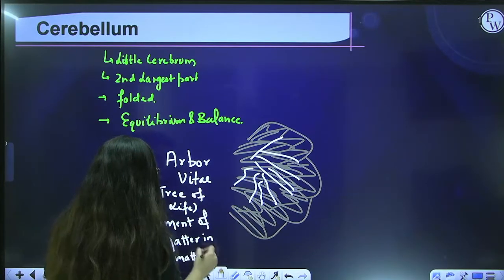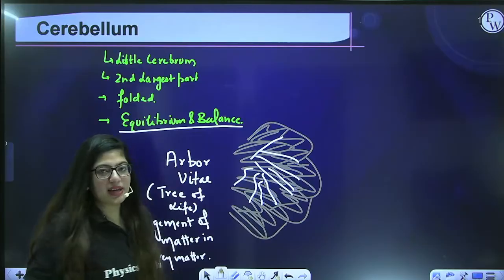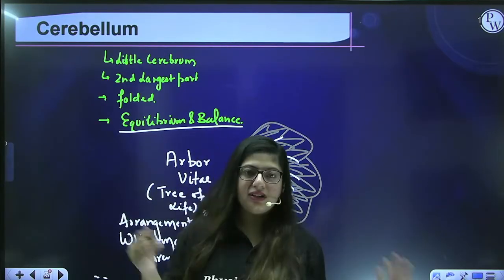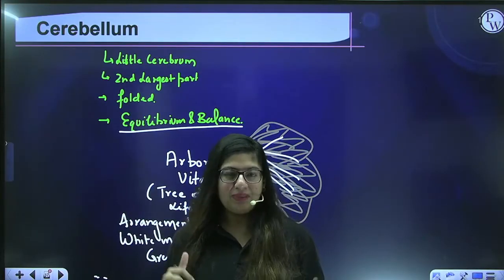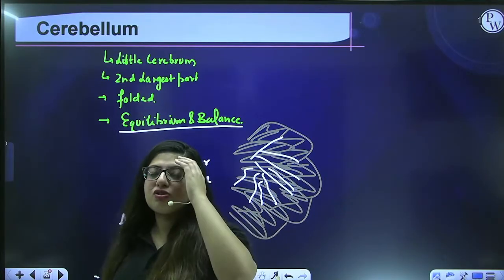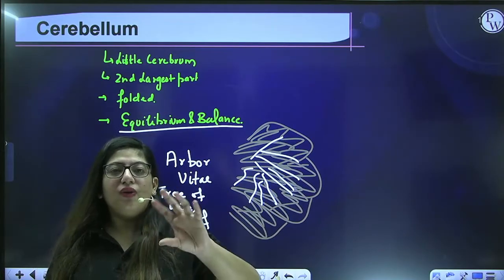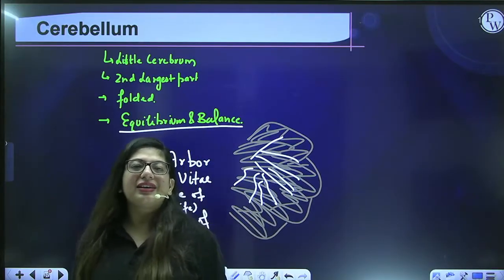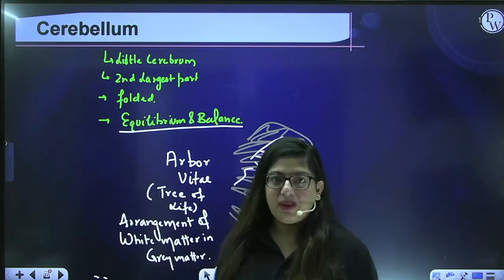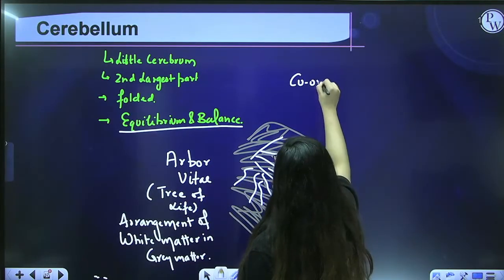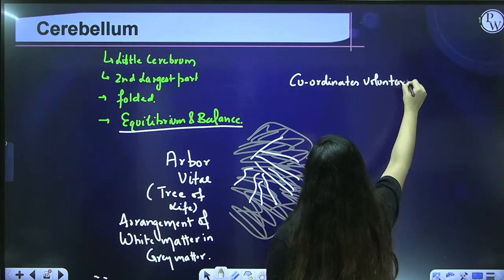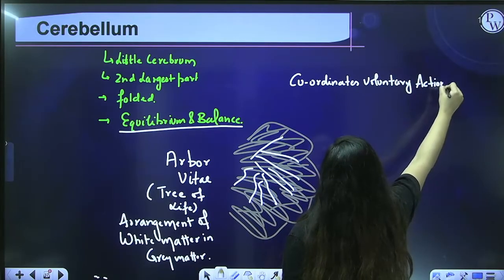And what's the function of your cerebellum? Equilibrium and balance. For example, I'm standing erect like that, just straight. I'm not falling here and there. All thanks to my cerebellum. It controls all this balancing and equilibrium. And it also controls all your voluntary activities. How? Voluntary activities are initiated by your cerebrum, but then they're coordinated by the cerebellum. So it also coordinates voluntary actions.